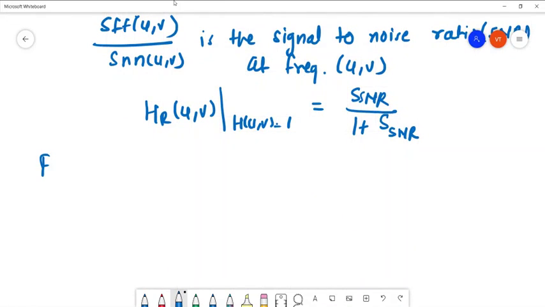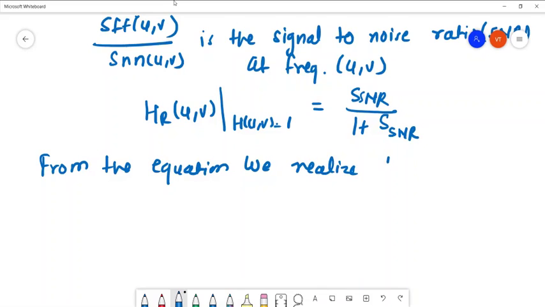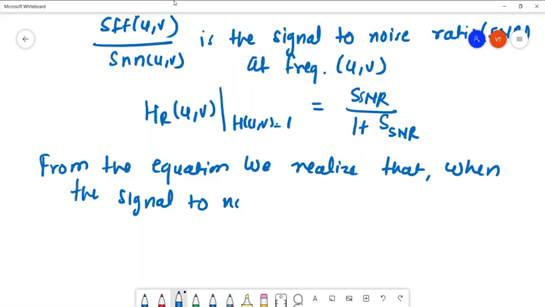So from the equation we realize that when the signal to noise ratio is large, what will happen to Hr?